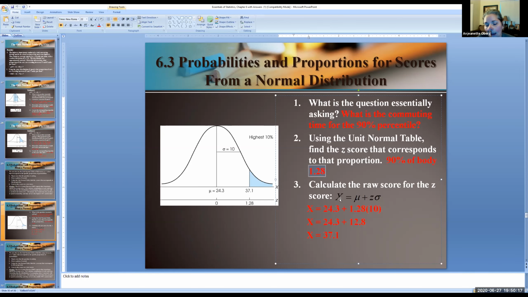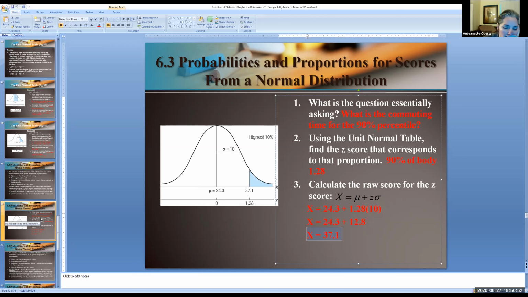Now I need to plug that back into our formula to calculate the raw score that corresponds to a z-score of 1.28. So I plug it back into my formula based on the mean of 24.3 and the standard deviation of 10. And I'm going to get an X value of 37.1. So 37.1, you're going to find that when it's asking me the commuting time for the 90th percentile, it is 37.1 minutes. Okay.